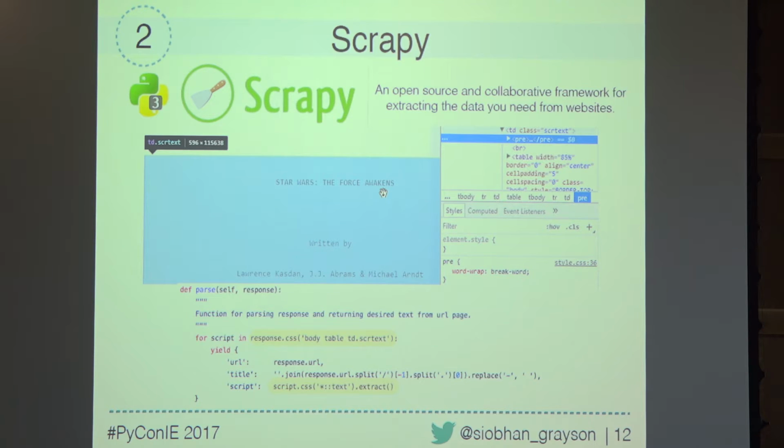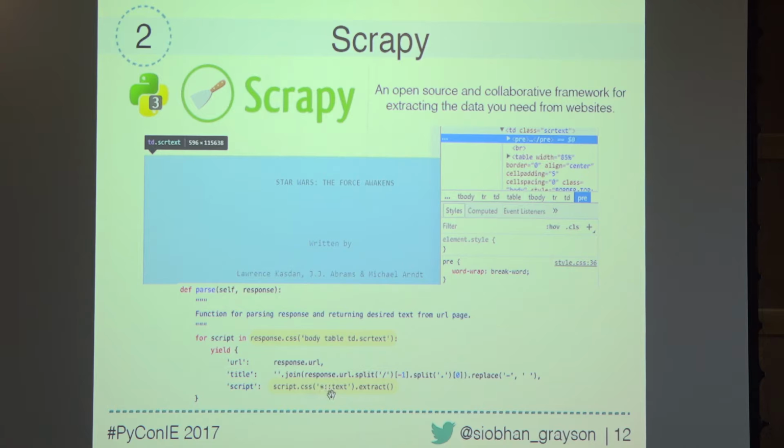When I have that text, I put that into response CSS, and it's literally, for each of these scripts, bring me back. I had the URLs, and I was doing a little bit of manipulation on them just to get the name and store the name of the scripts as well.